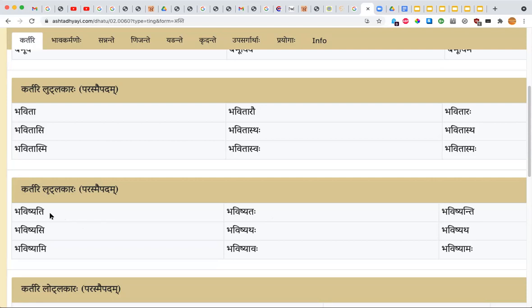Instead of saha, if you use sa, same. So he will become a doctor. She will become a doctor. Sa vaidya bhavishyati. Dvivachanam.